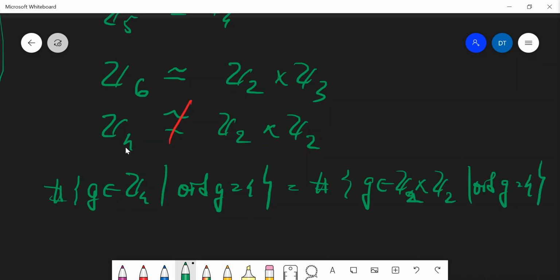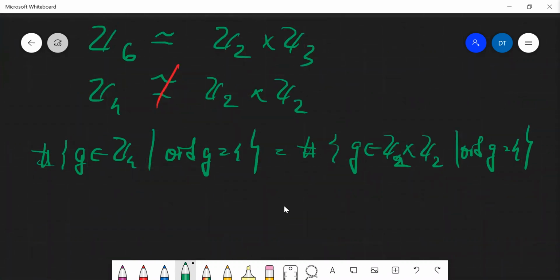Because if you are given an element of order 4 here, you may apply this isomorphism. It goes to some element here, and this element must be of order 4. And vice versa. If you have an element of order 4 here, you apply the opposite isomorphism, and it goes to an element of order 4 here. The isomorphism preserves the order of elements. So that's why these two sets must have exactly the same amount of elements.